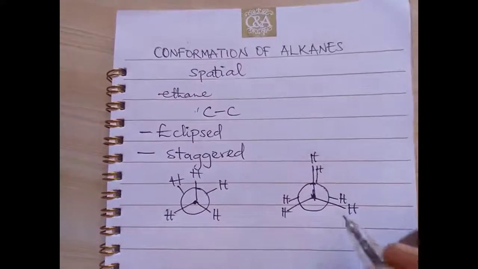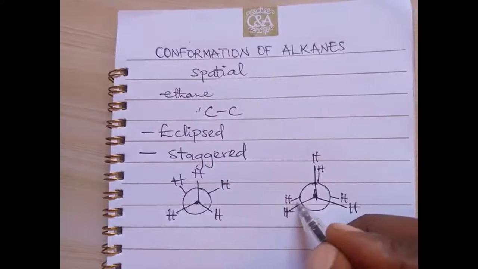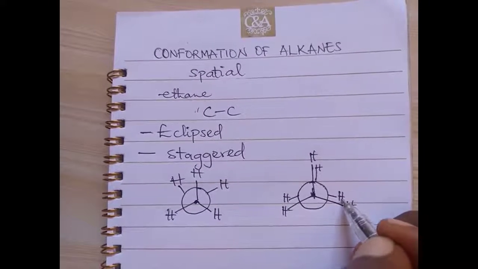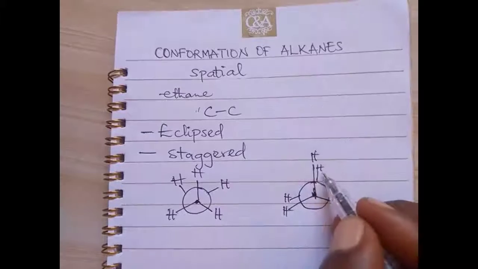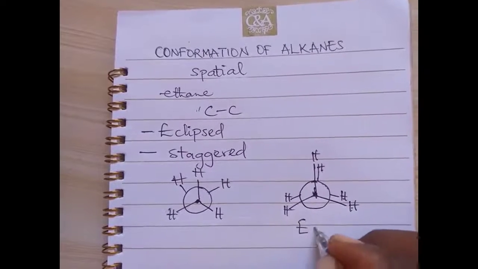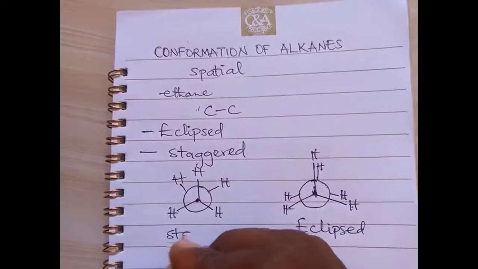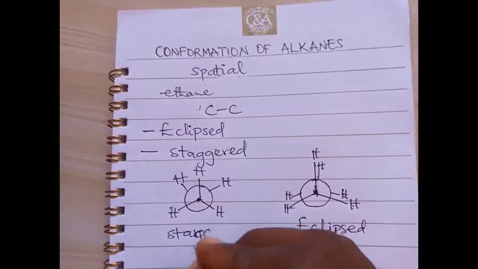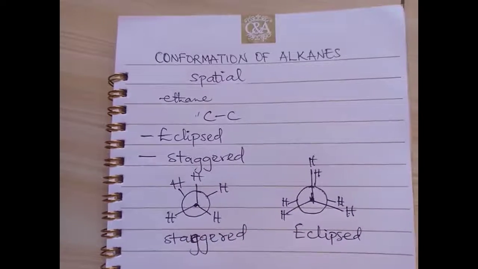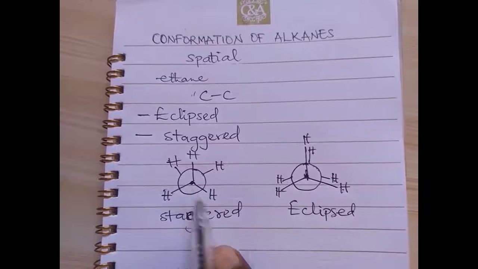One thing we need to notice is that this actually covers this, but we just need to keep it closer just to show that there is actually another hydrogen atom behind them. Behind this hydrogen, there's another one. So this is eclipsed. This is staggered. So this is the staggered conformation of ethane.